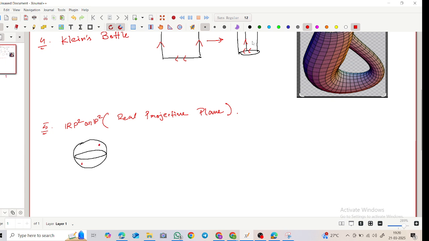Okay, so every x belonging to S2 will be glued to minus x, that is, antipodals are identified.